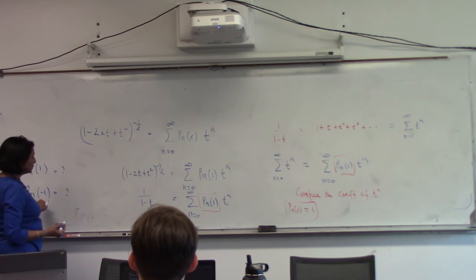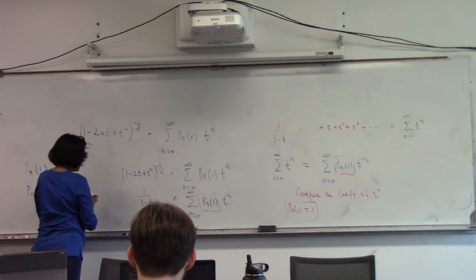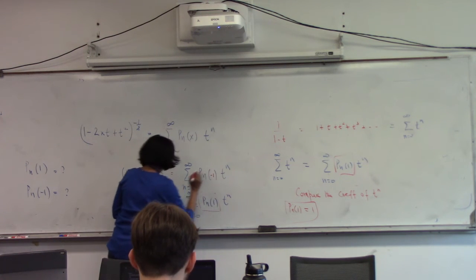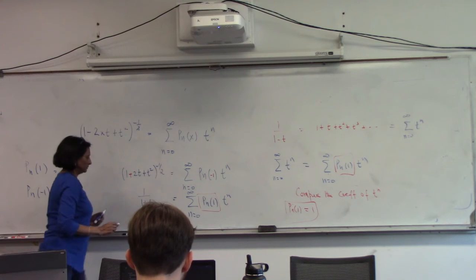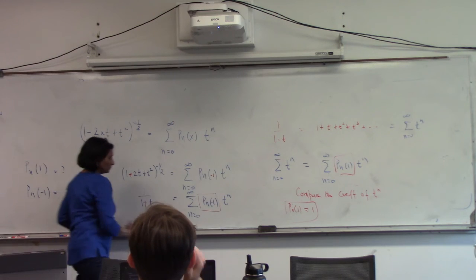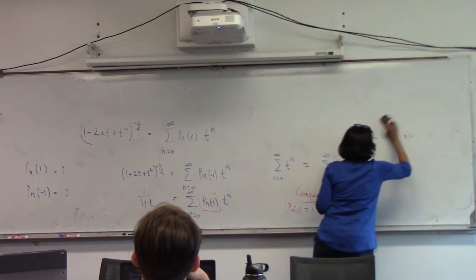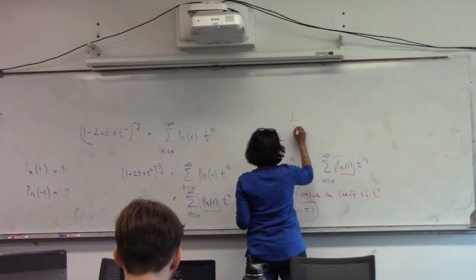Now for x equal to minus 1, all I have to do is change this. So what is 1 over 1 plus t?